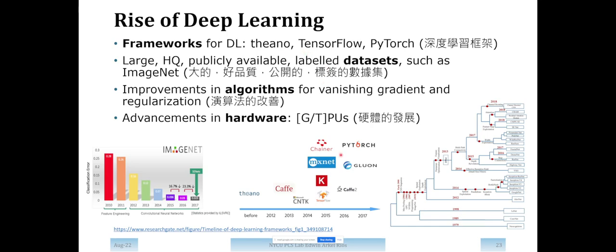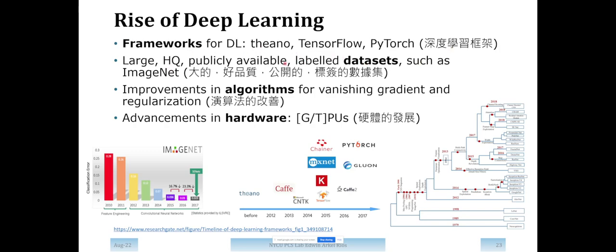Then in 2015 we have TensorFlow. In 2016 we have PyTorch, and there have been a few other deep neural network frameworks, and that has facilitated the process for people to experiment and try out this field.